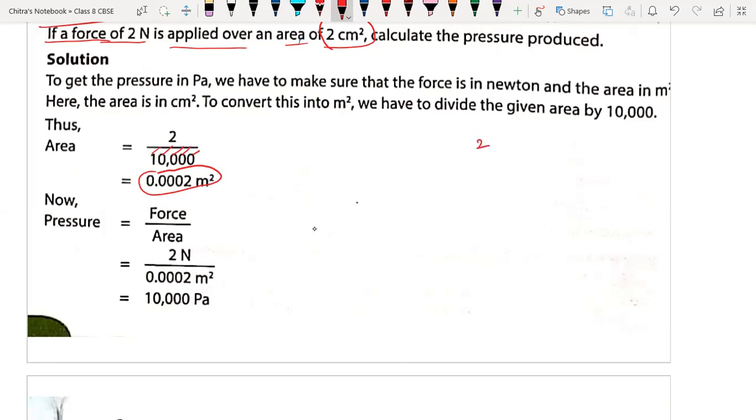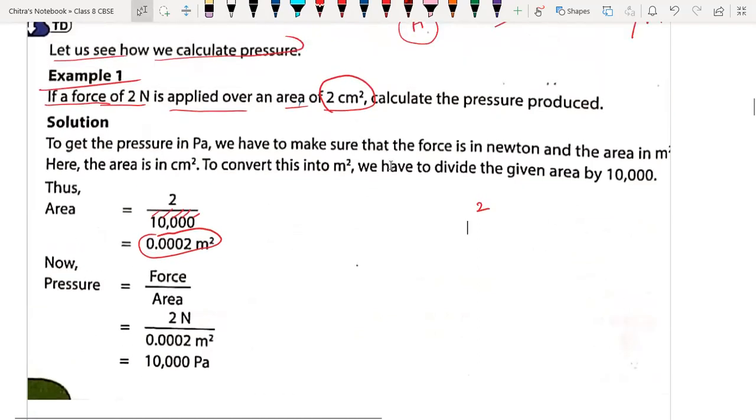What is 2? It is 2 centimeters square, as given. So we had to convert that into meter, so we divide by 10,000.